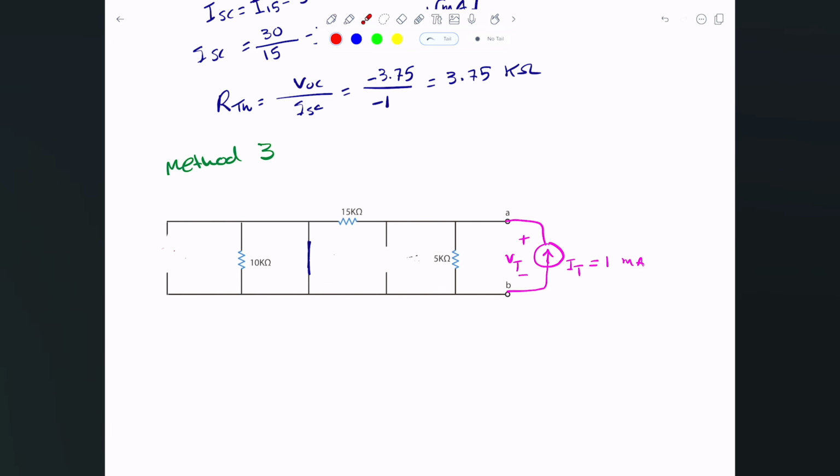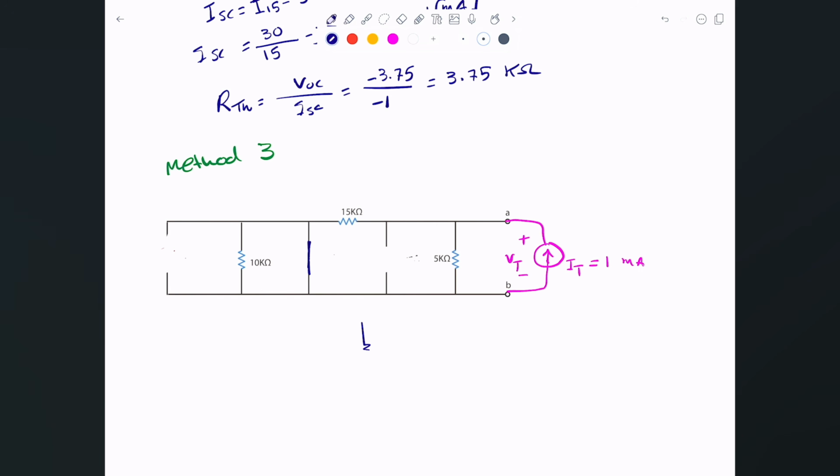Let's take a look. Frankly speaking, this particular resistor is in parallel with the wire, so it doesn't exist, it's shorted out. That leaves the 15 and the 5, which share this node and this node, so they are in parallel. I can combine them.